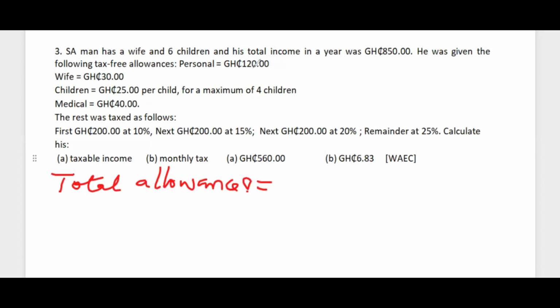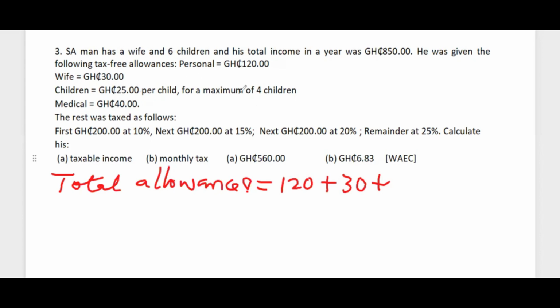This is 120. Plus the wife allowance, because the man is married, he's been given a wife allowance of 30 Ghana cedis. Plus children allowance per child, 25 Ghana cedis, and up to a maximum of 4 children.